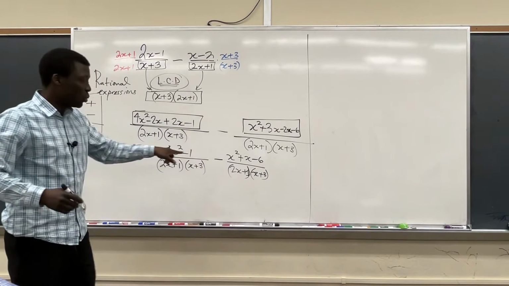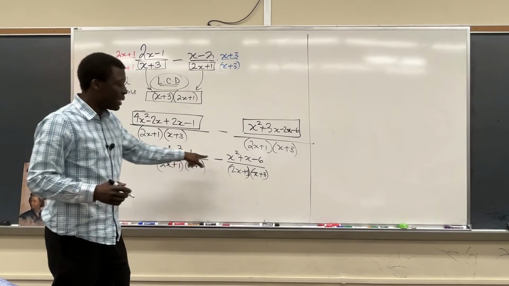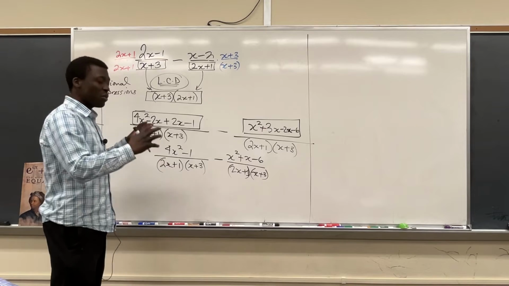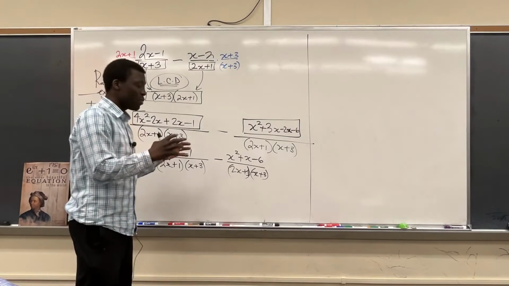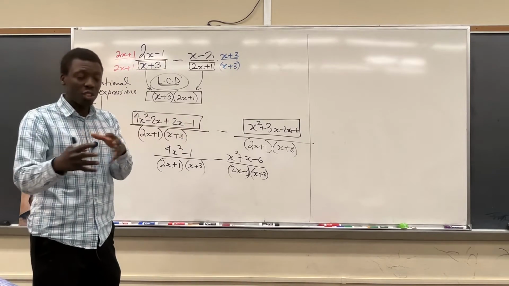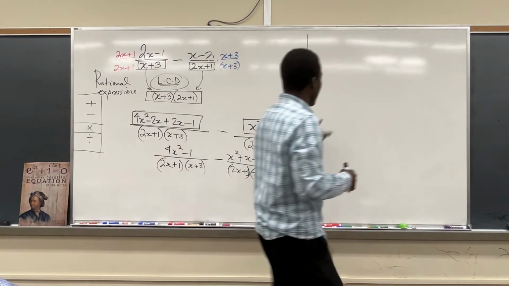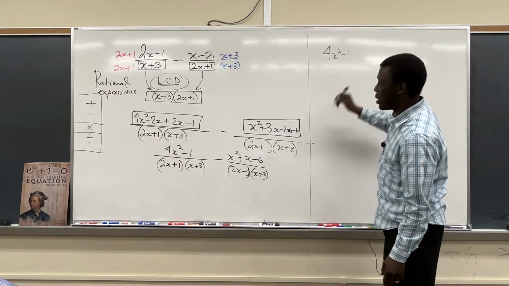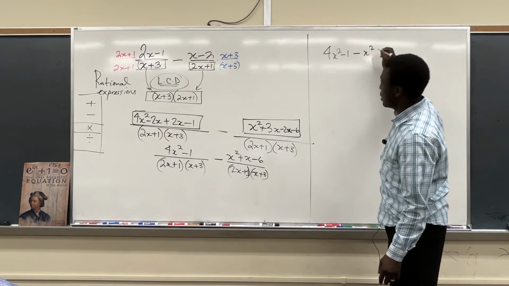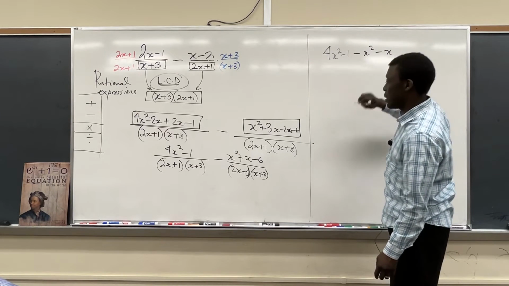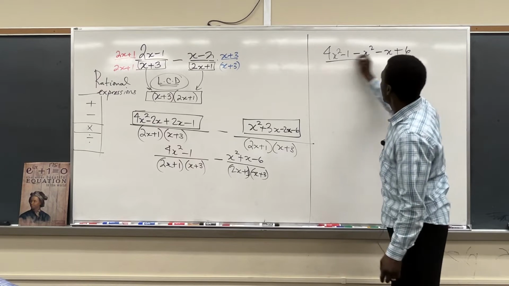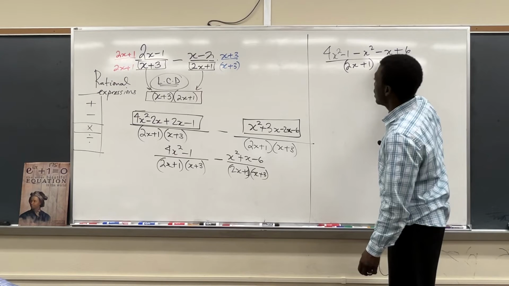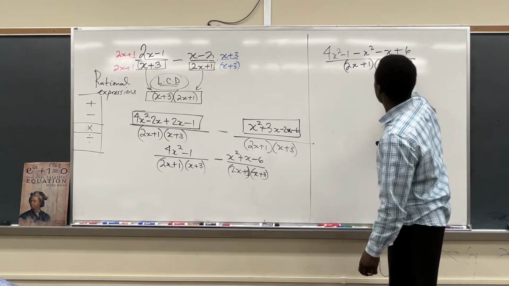Okay, so if we do that, we can technically distribute this negative into everything over there because we have common denominators now, and so we can add and subtract fractions when we have common denominators. So let's bring that work over here. We're going to have 4x squared minus 1 minus x squared minus x and plus 6 divided by 2x plus 1, x plus 3.